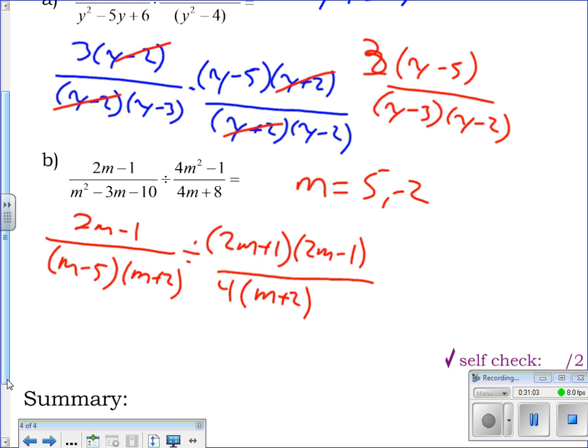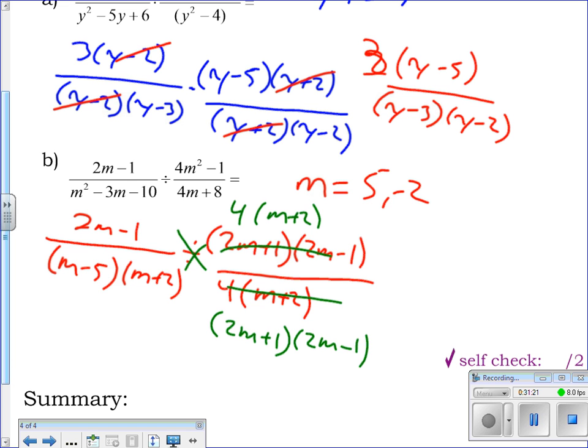Now, invert the second fraction so I can multiply. Just rewrite it upside down: 4 times m plus 2 over 2m plus 1, 2m minus 1. Those are gone, and now multiply. Cross cancel and reduce.